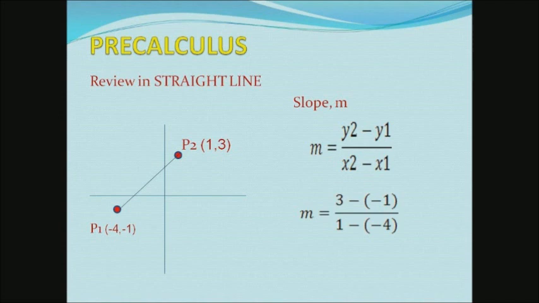So our x2 is 1 minus x1, which is -4, and then by simplifying it, we will arrive at the answer: m, or the slope, is equal to 4 over 5. So the value of our slope m, 4 over 5, is positive, which is correct. Kasi our line is increasing, that means our slope should be positive.